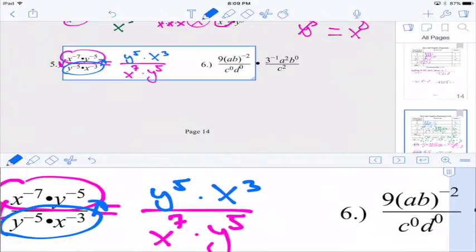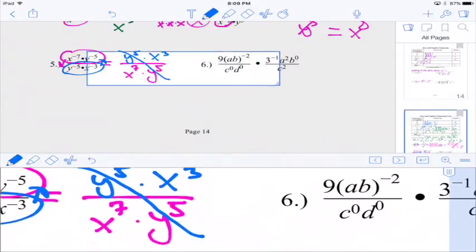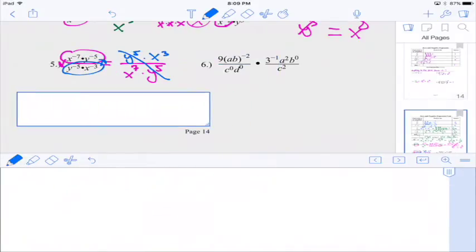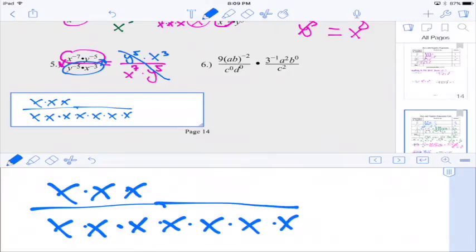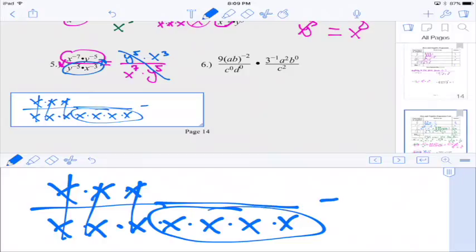Then I can do some cancellation. Y to the fifth divided by y to the fifth. And I have x cubed over x to the seventh. Well, this is x times x times x over x times x times x times x times x times x times x. And then I have cancel, cancel, cancel. And then I have x to the fourth. So 1 over x to the fourth.